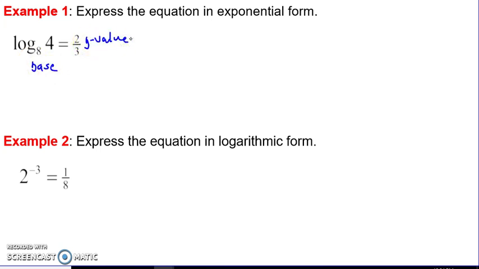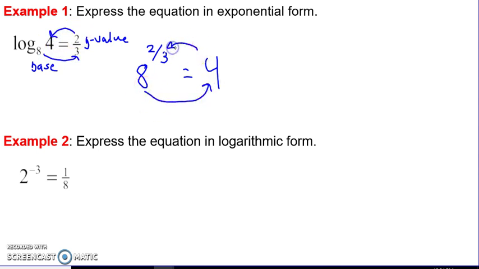When rewriting this, we have 8, which is our base, to the 2/3 power equals our y, which is 4. It kind of makes a little circle, noticing how it makes the form of a circle.